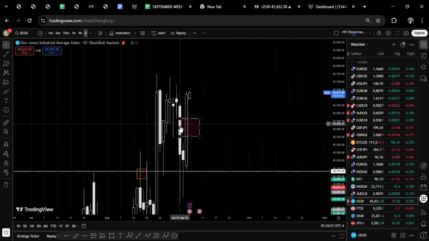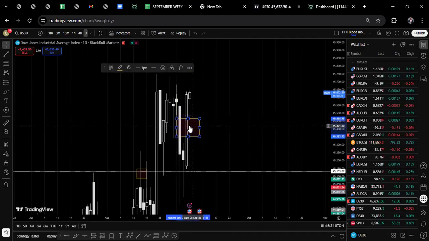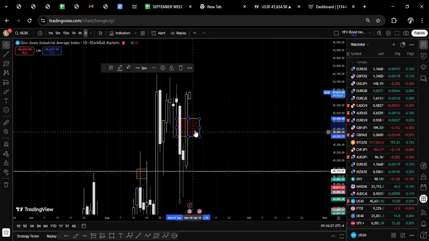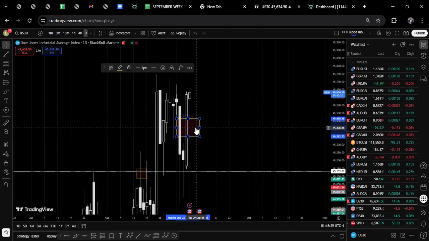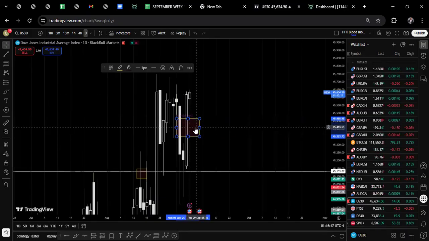If I extend this, I'm expecting the market to tap into this area. Even if it's going to buy next week, I'll expect it to tap into this area, if not today, at least by Monday or Tuesday. Of course, today is NFP. It will definitely, perhaps, get into this zone. If it doesn't get here this week, which is Friday, it might do that next week, because it can't just leave this area and start flying up.